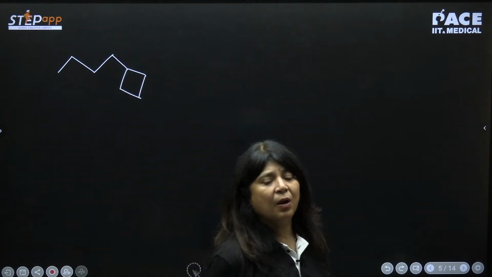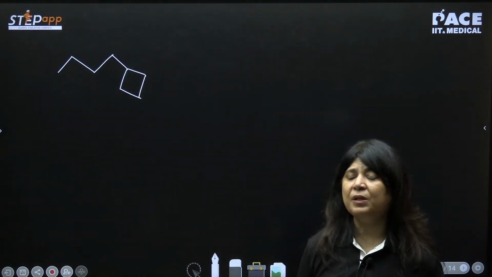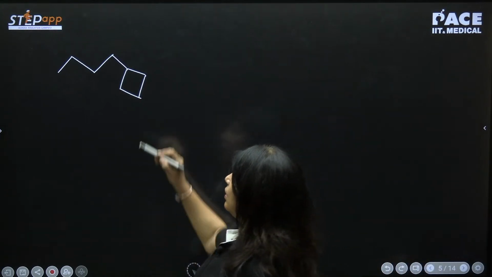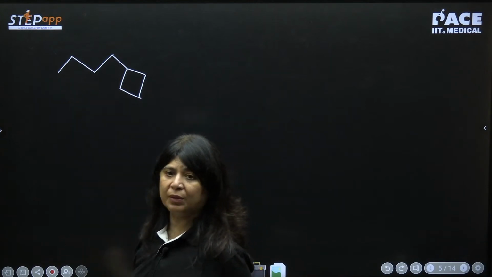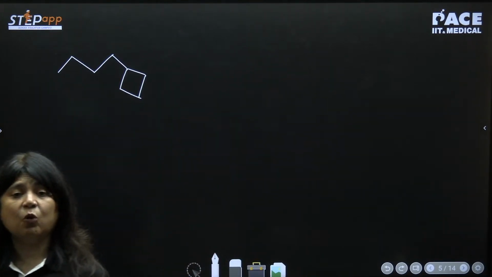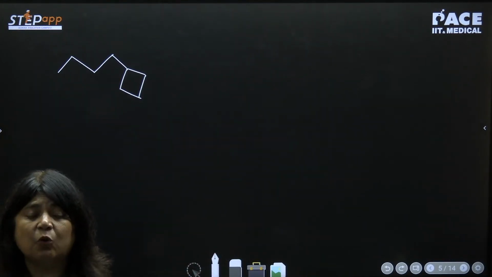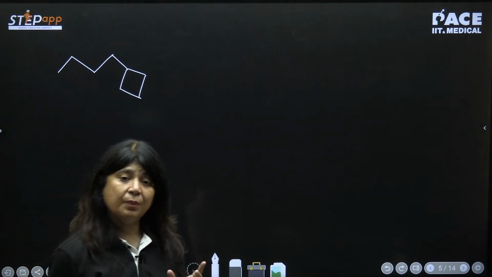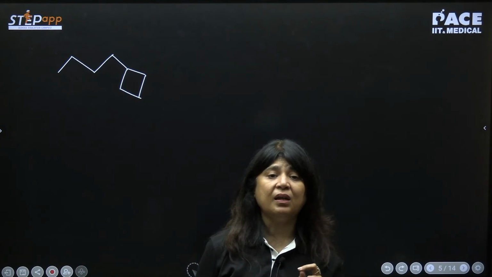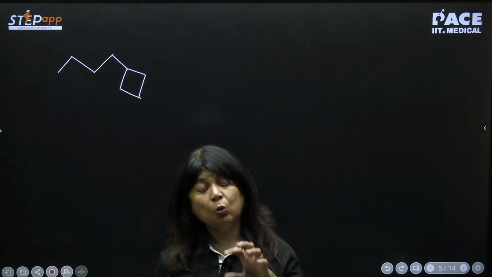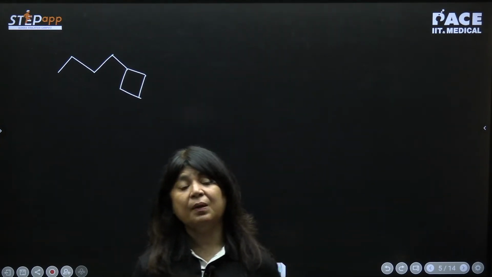Now again this compound has a ring part and an open chain or side chain. Ring has 4 carbon, side chain also has 4 carbon. So if the ring has 4 carbon and even the side chain has 4 carbon, the same number of carbon, then the rule says that the ring will be the parent.